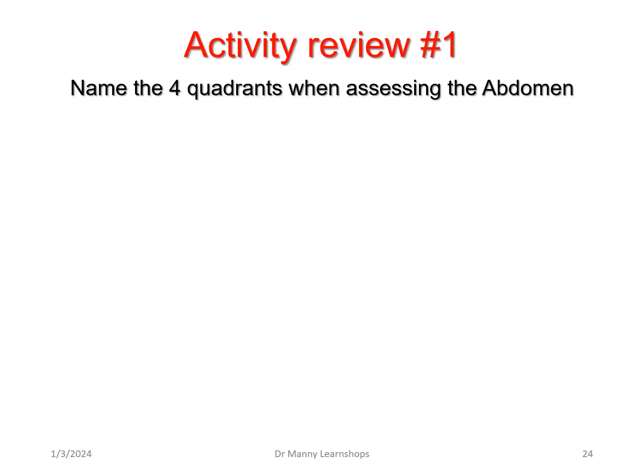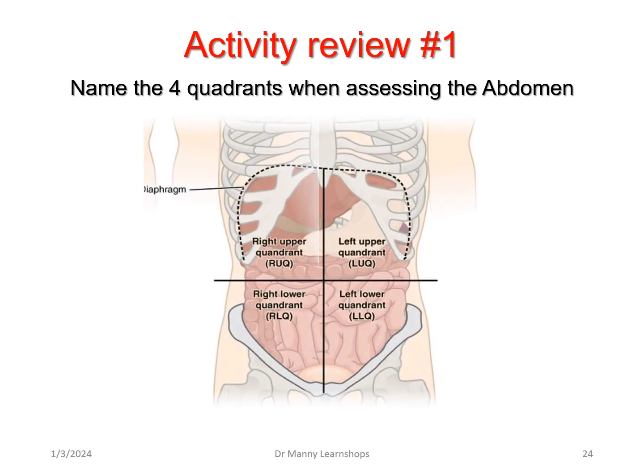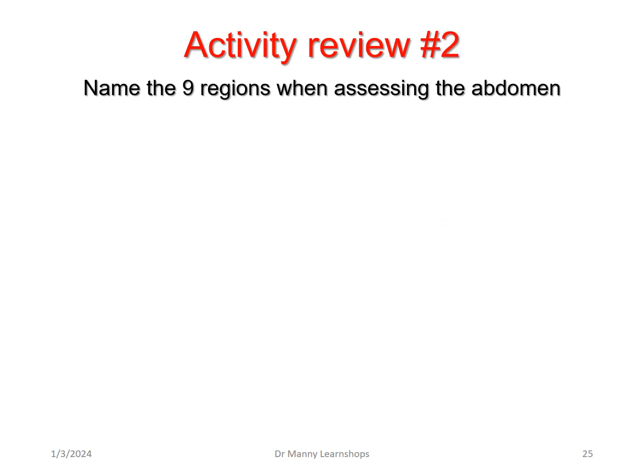Okay, let's review. Can you name the 4 quadrants when assessing the abdomen? The 4 quadrants are the right upper quadrant, the right lower quadrant, the left upper quadrant, and the left lower quadrant. Can you name the 9 regions when assessing the abdomen?